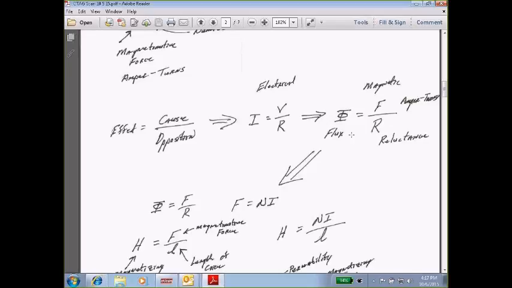Well, in magnetic circuits, what we're trying to accomplish is magnetic flux. What's causing it, the force, is ampere turns, and what's resisting or opposing it is the reluctance.